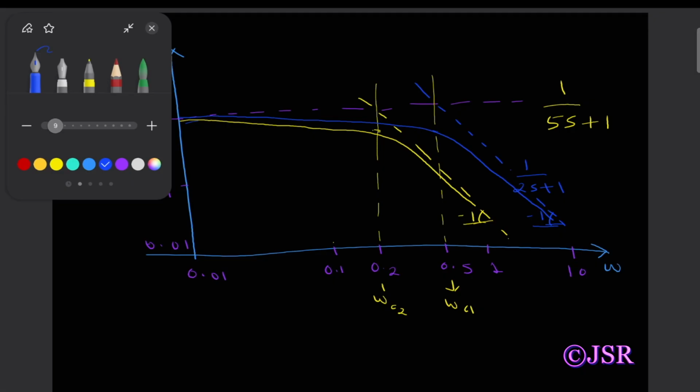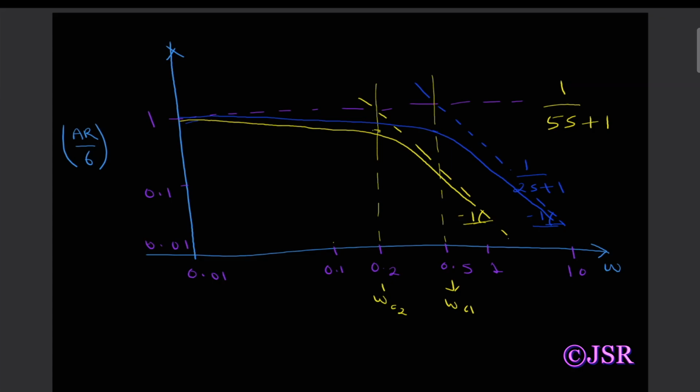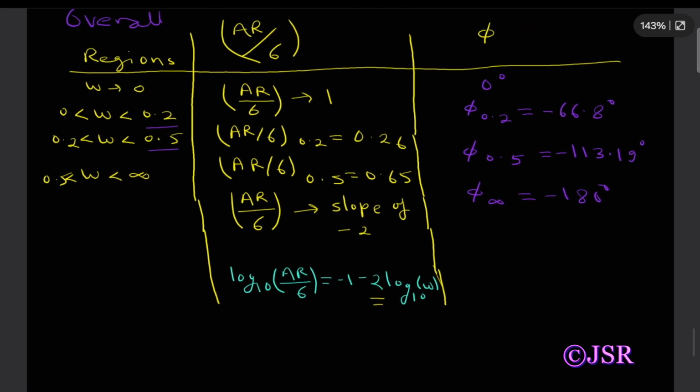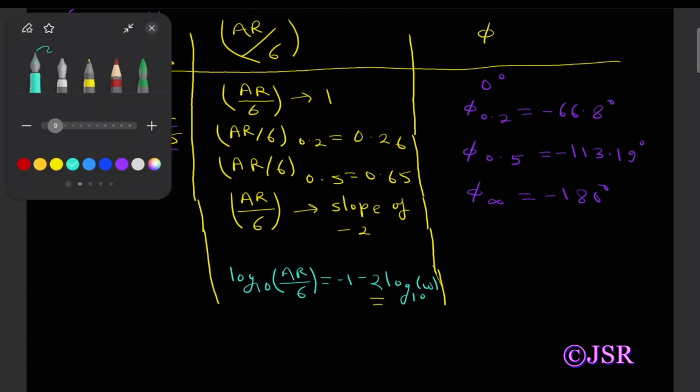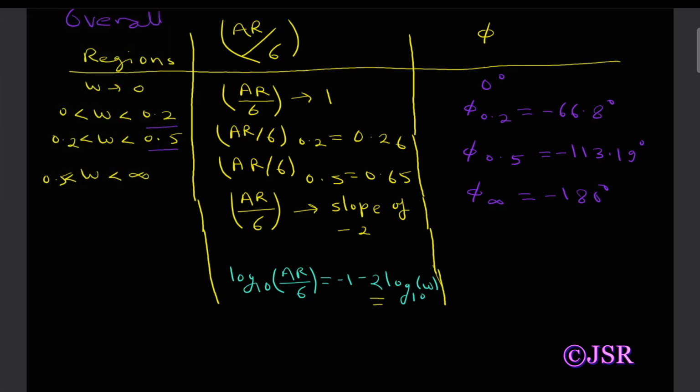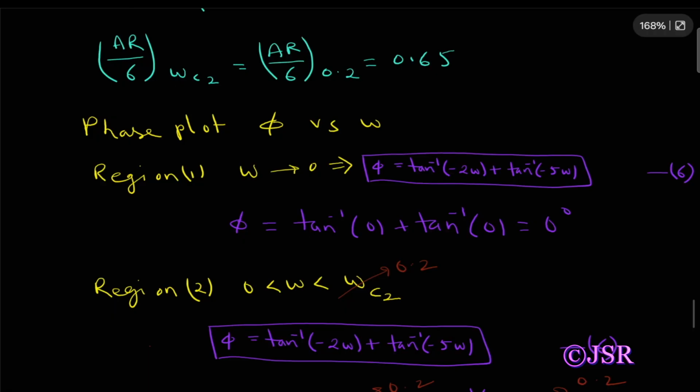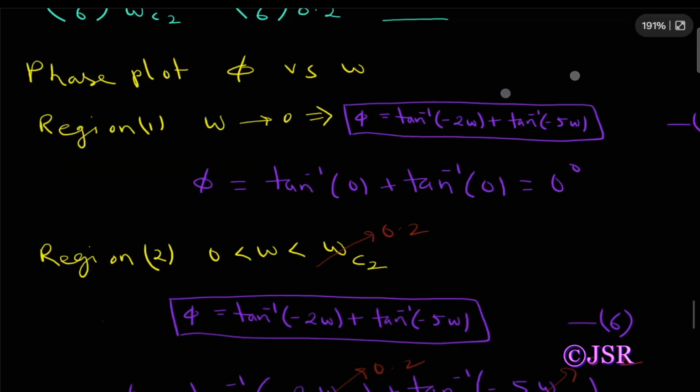So for the overall case, the gain plot can be plotted using this information, right? So when omega equal to 0, here AR by 6 is equal to 1. When omega lies between 0 to 0.2, basically at 0.2 we have 0.65, and at 0.5 we have 0.26.